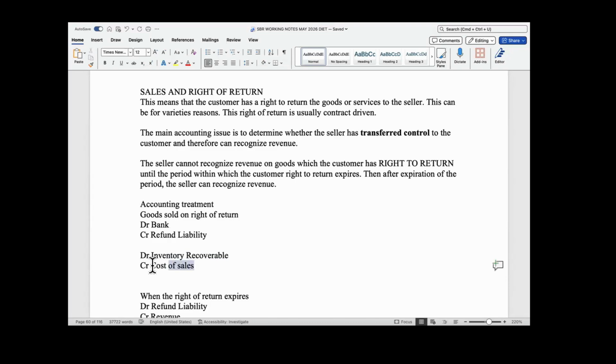Just so that since you did not recognize revenue, the item that you might have included as part of your purchases or what have you, you need to remove it from there and put it in an inventory recoverable account.